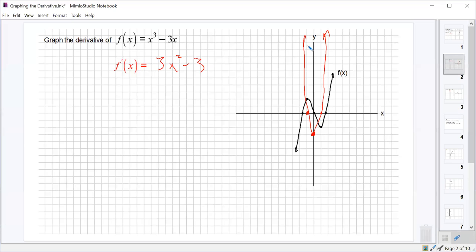Assuming that was a nice looking parabola there. They're both unbounded. Okay, they're both unbounded, so the derivative increases without bound as it goes towards infinity and negative infinity, whereas the original function increases without bound as it goes towards infinity, right? And decreases without bound as it goes to negative infinity.